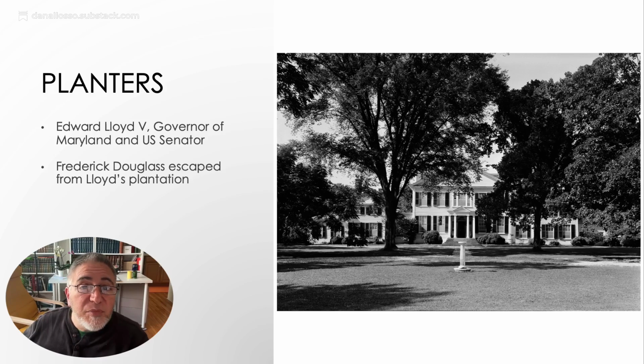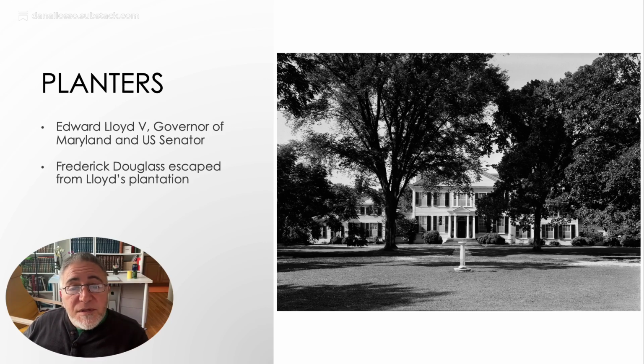Another member of the planter elite was Edward Lloyd V, who came from an established family in Talbot County, Maryland, and became both governor of the state of Maryland and a U.S. senator. His hundreds of slaves formed the most crucial part of his wealth. And like many of the planter elite, Lloyd's plantation was a masterpiece of architecture with park-like lawns and elaborate formal gardens.